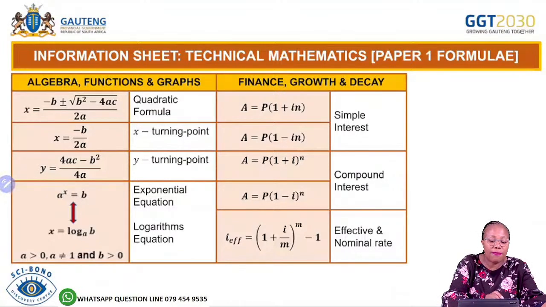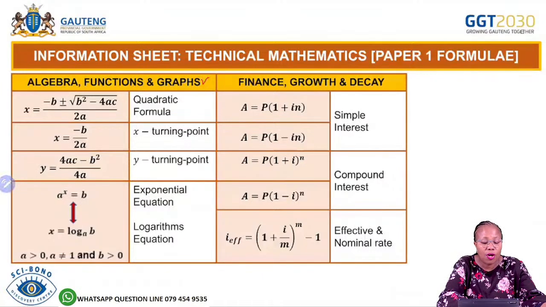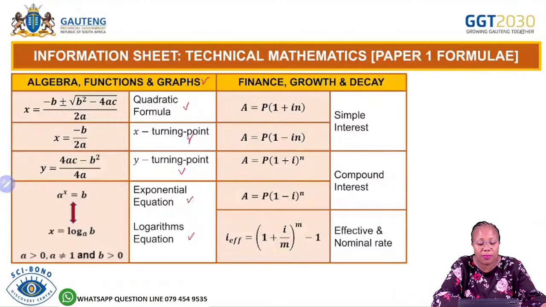So you have the first class, algebra, functions and graphs, which is composed of quadratic equations, the x turning point of a quadratic function, the y turning point of a quadratic function, exponential equations, and logarithms. Remember, you are not looking at algebra and functions today. Our focus will be on finance, growth and decay.